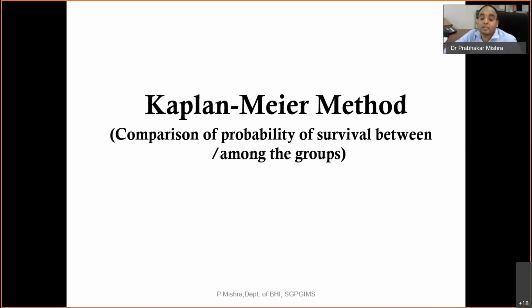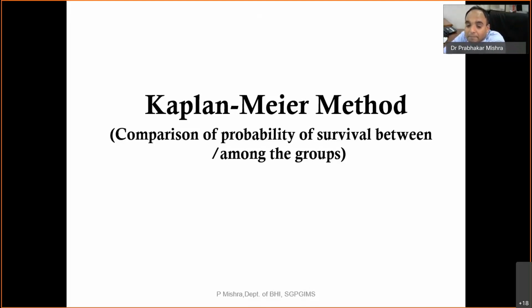In the Kaplan-Meier method, we compare the survival probability between two or more groups. First we calculate the mean and median survival time of each of the groups.